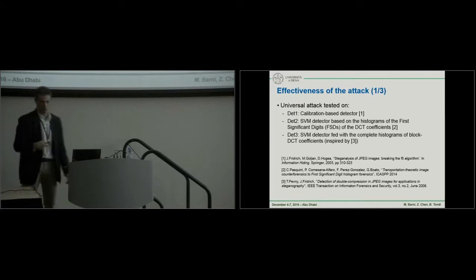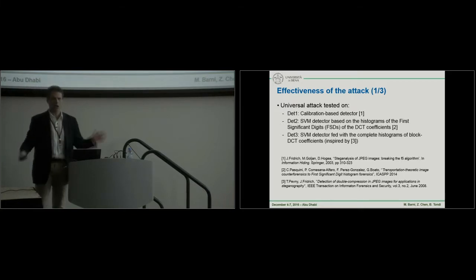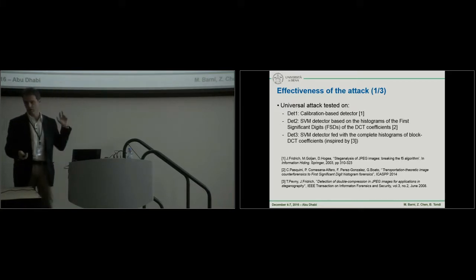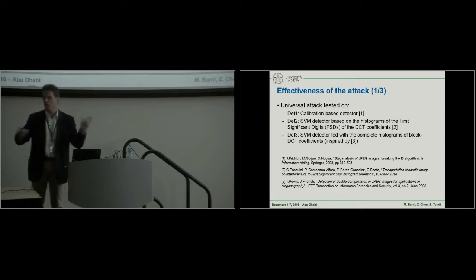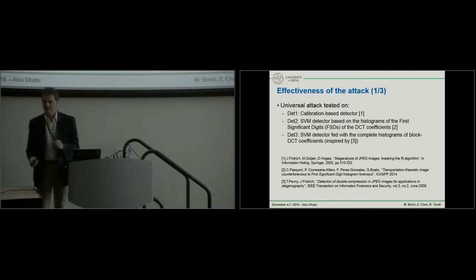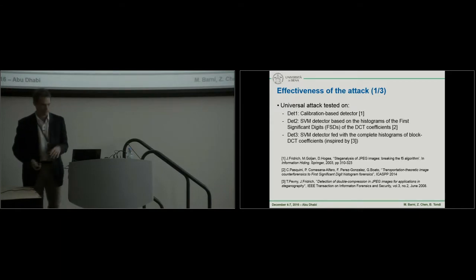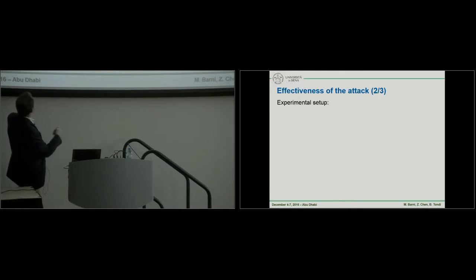The third one is the most general because it considers the histograms of all the DCT coefficients and feeds the SVM with all these coefficients. So this is a very general approach that does not discard any information for classification. And the attack is very successful.